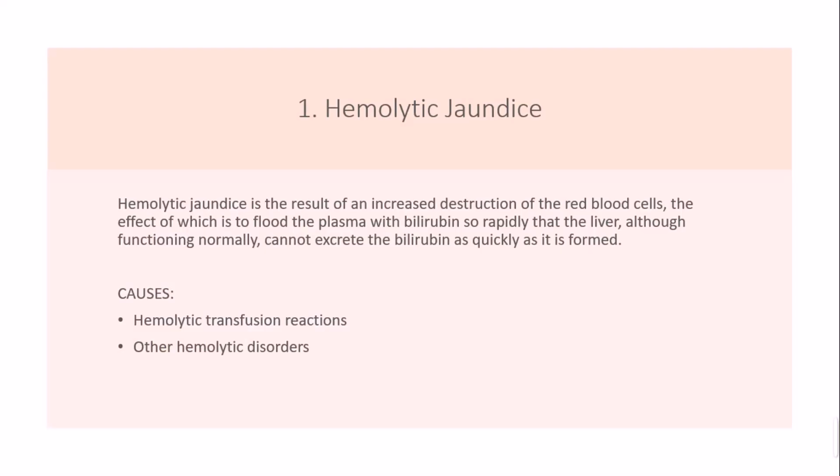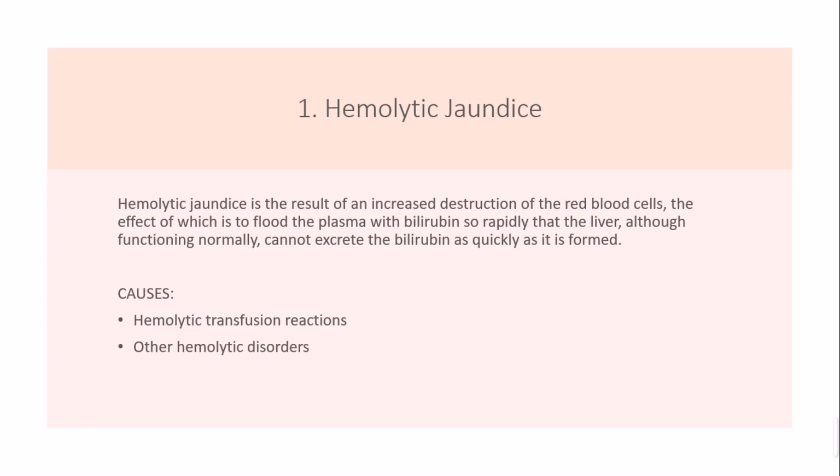Now, what is hemolytic jaundice? Hemolytic jaundice is the result of an increased destruction of red blood cells, the effect of which is to flood the plasma with bilirubin so rapidly that the liver, although functioning normally, cannot excrete the bilirubin as quickly as it is formed.